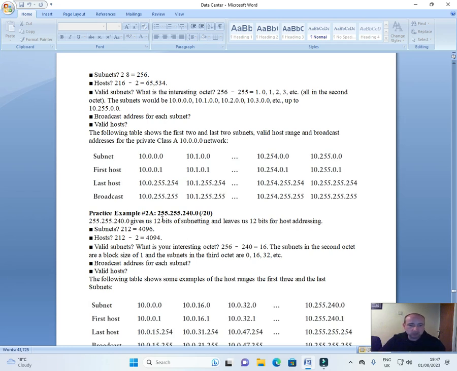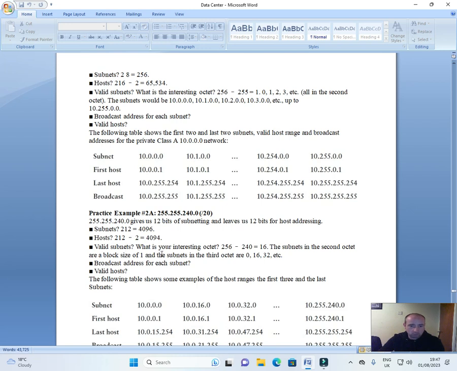Practice example 2a: 255.255.240.0/20. 255.255.240.0 gives us 12 bits of subnetting and leaves us 12 bits for host addressing. Subnets: 2^12 equals 4096. Hosts: 2^12 minus 2 equals 4094.